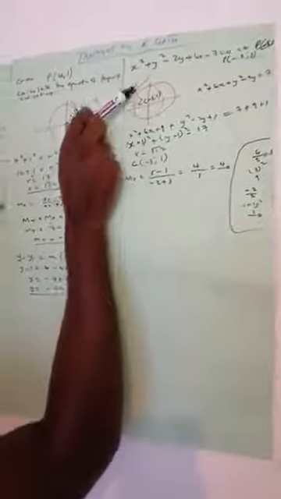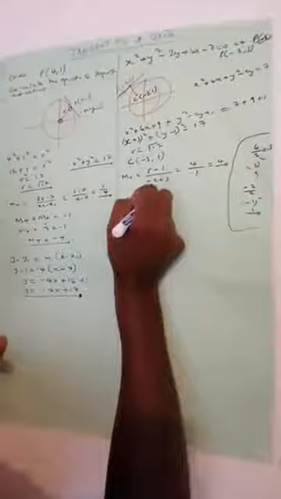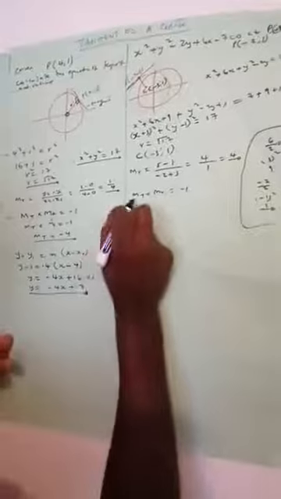And the answer is 4. It's 5 minus 1 divided by negative 2 plus 3. The answer is 4.